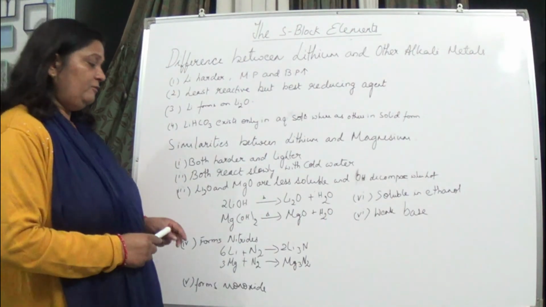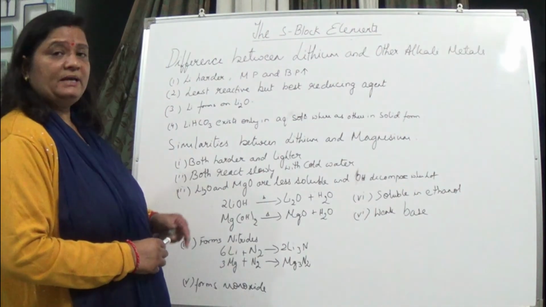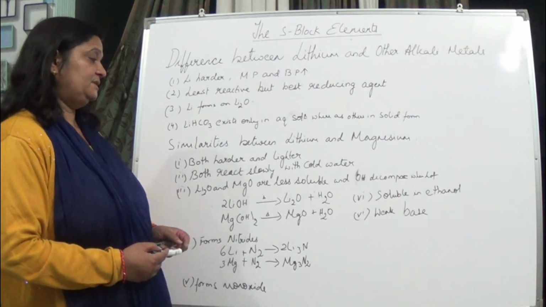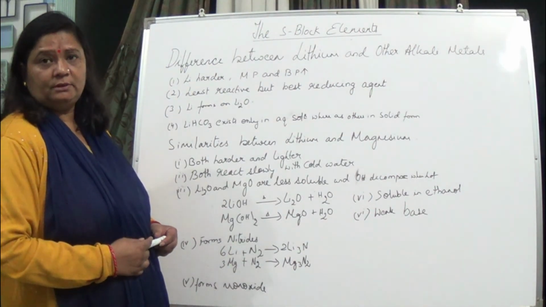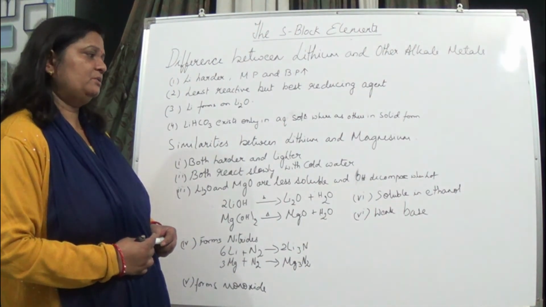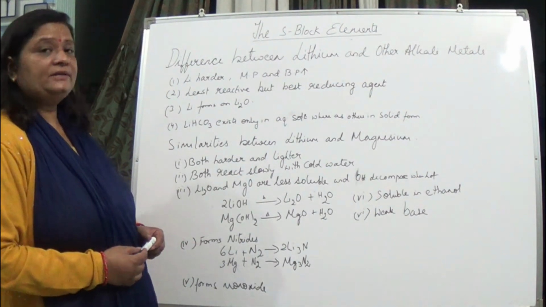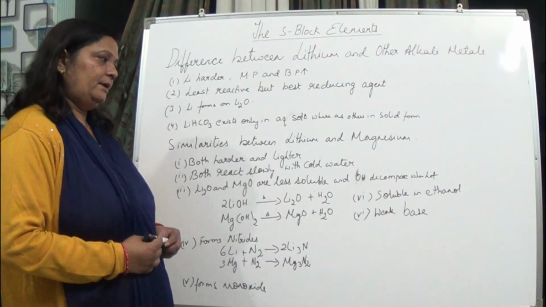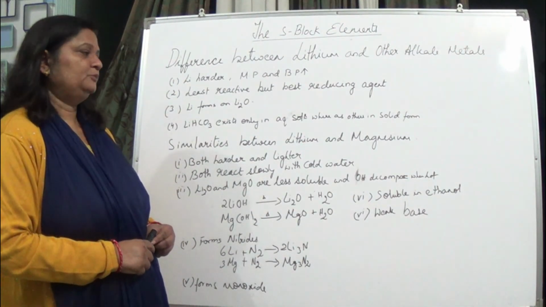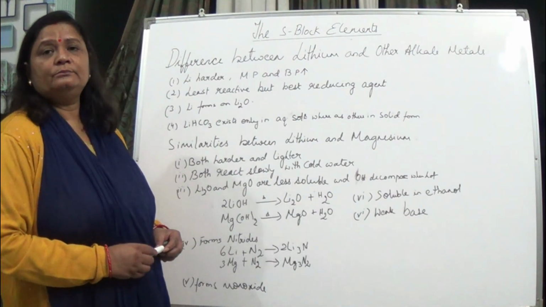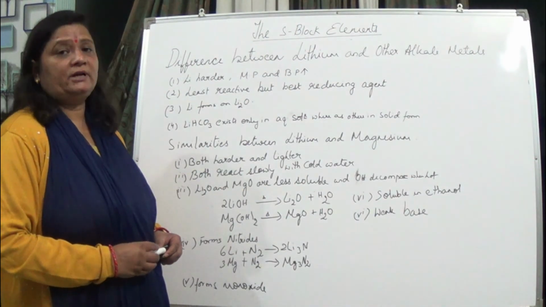Basically in group 1 and group 2, ionic bonds are formed, because losing 1 or 2 electrons is easy, isn't it? And if they are polar in nature, they will dissolve in water, and if non-polar, in organic solvents.